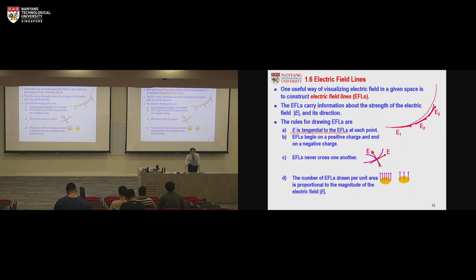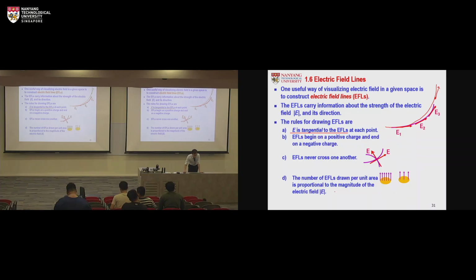Then at any point on this electrical field line, let's say at this point, the electrical field E at this point should be along this direction. That is the so-called E is tangential to electrical field line at any point. So basically, this will give you the direction of E, right?